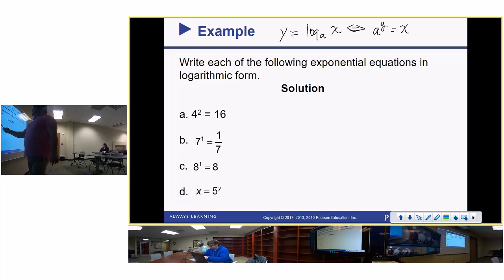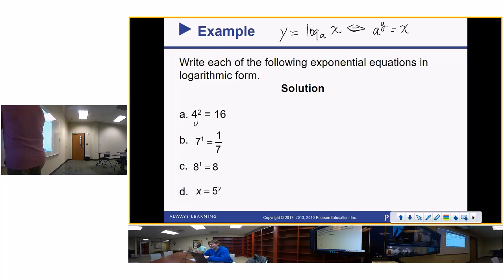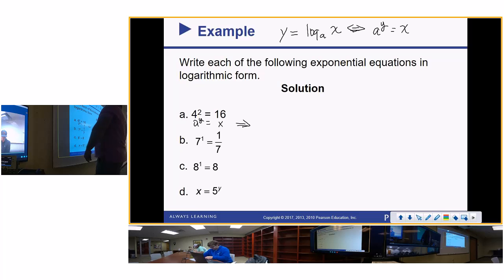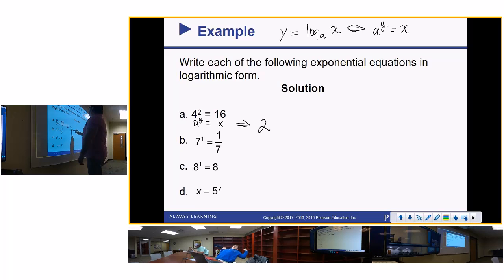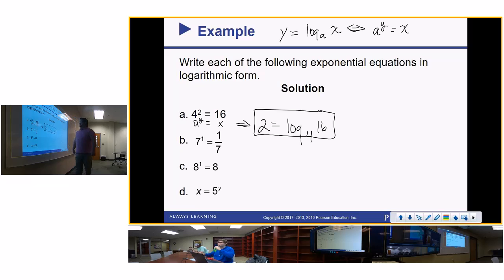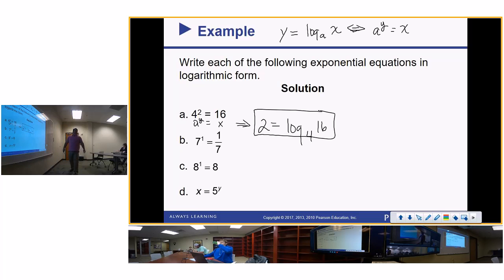Well, this looks like a to the y is equal to x. So now I rewrite that, and I put my y. My y is equal to what? 2. So that means 2 is equal to log, what is my a? 4. Log base 4 of what? 16. And I've just written an exponent as a logarithm.